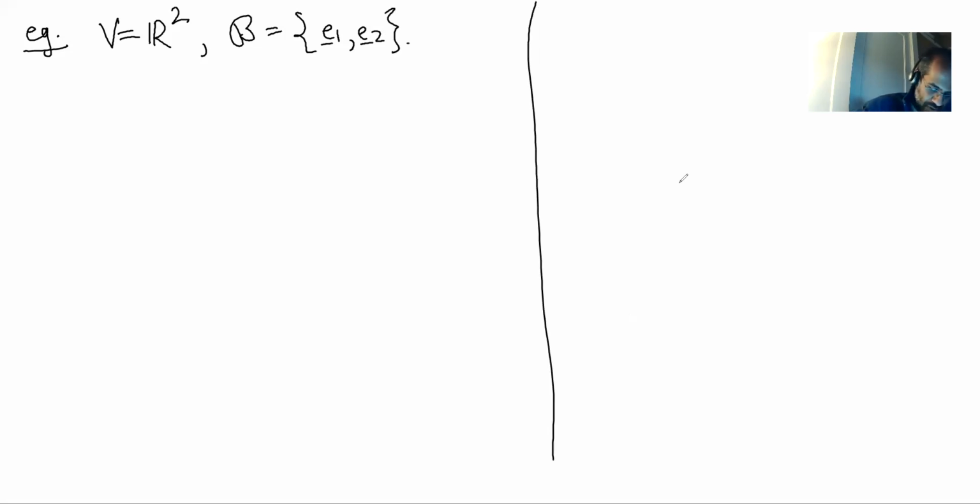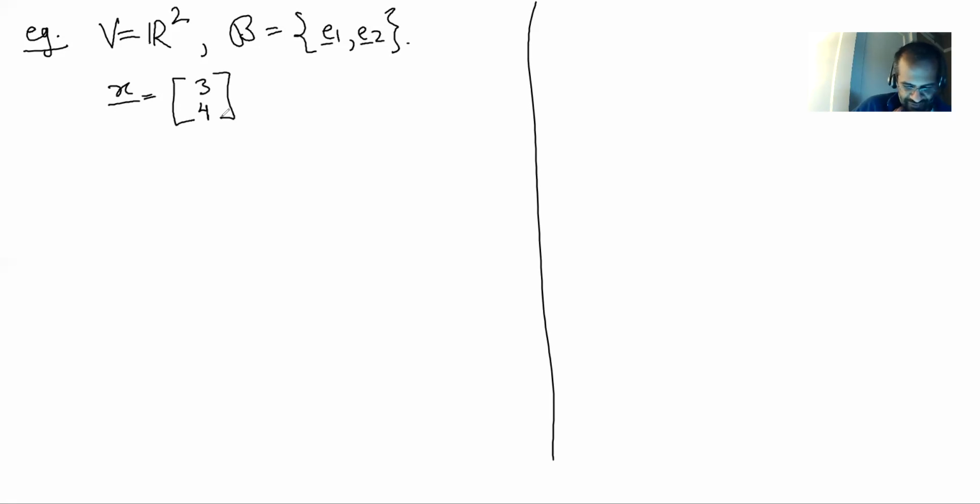Okay, and now let's consider a particular vector, x equals 3, 4.